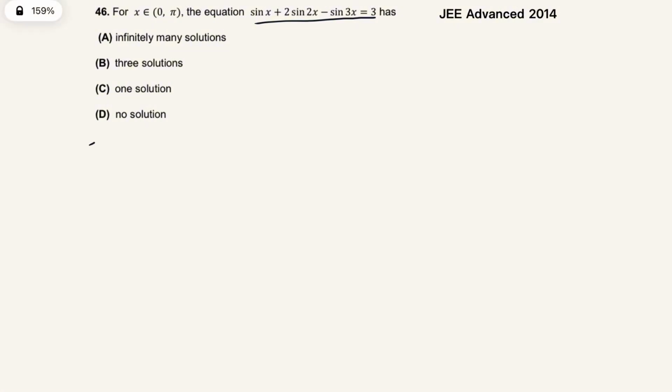So let's do that. So we have sine x plus 4 sine x cos x minus 3 sine x plus 4 sine cube x equals 3. And we can take sine x common now.